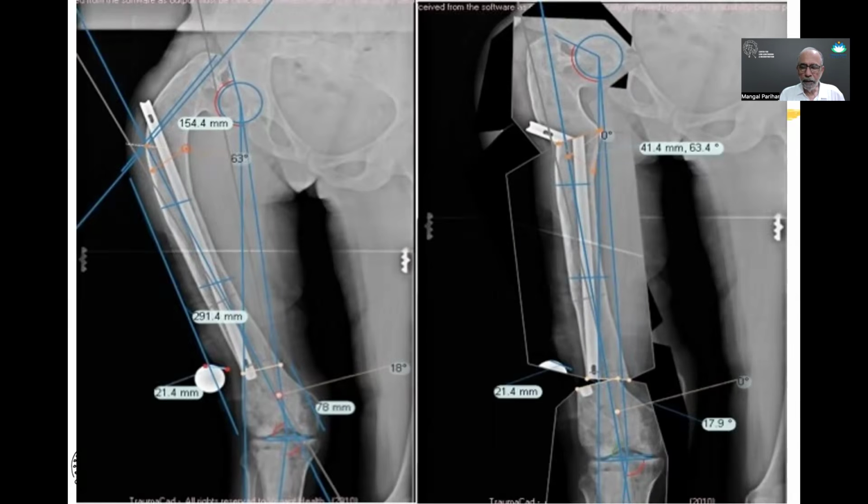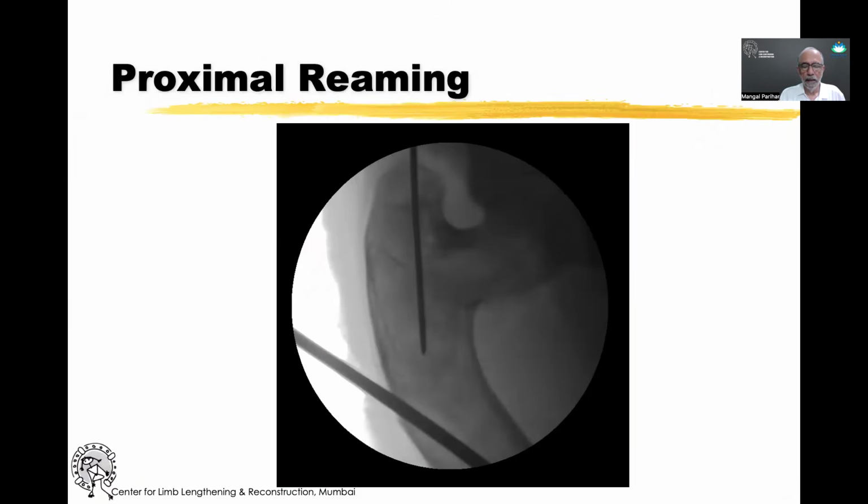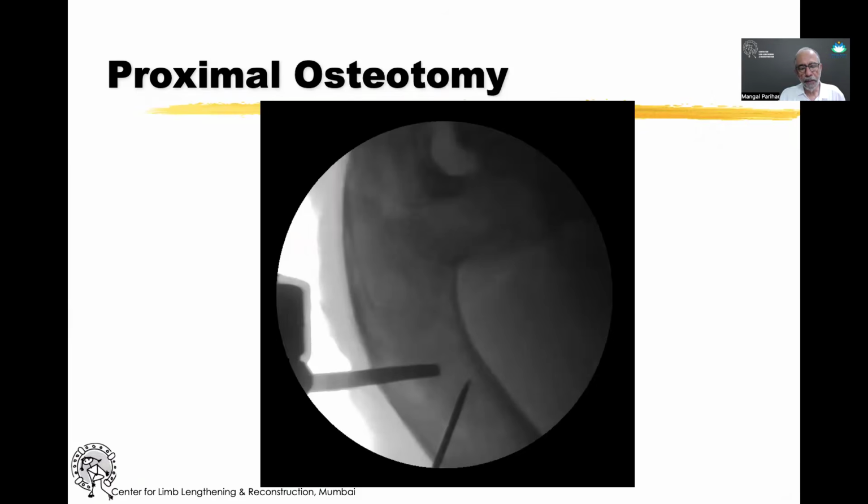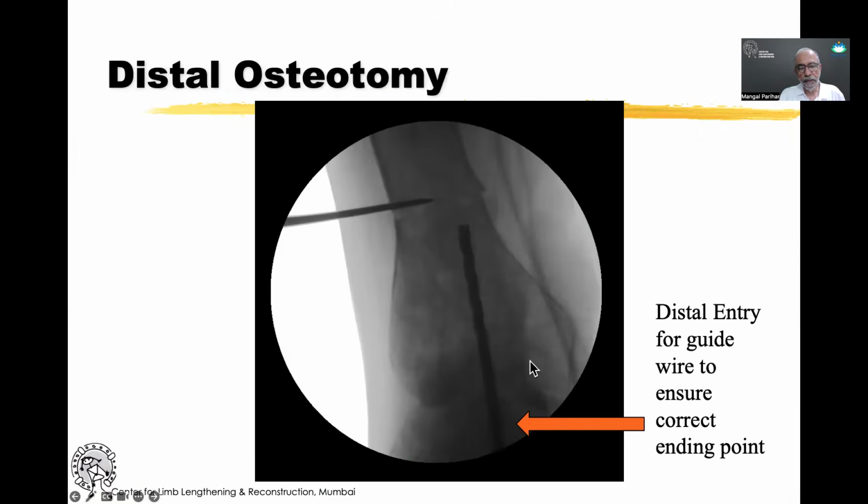And ultimately then, to do this surgery, all we have to do is follow the plan. So what we did was proximal reaming, did the proximal osteotomy, which was quite a large wedge which had to be excised. So that wedge has been excised.